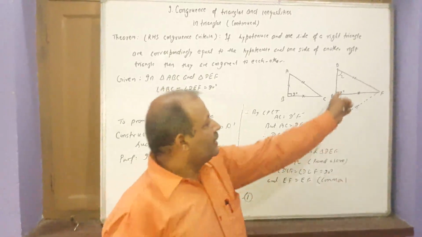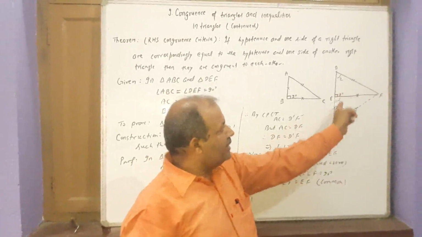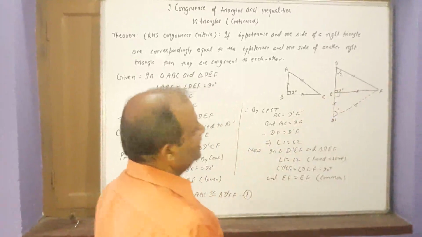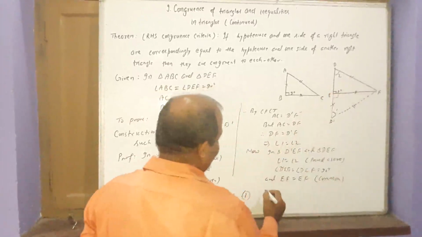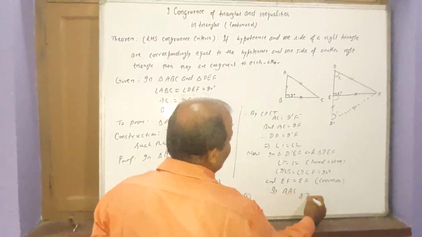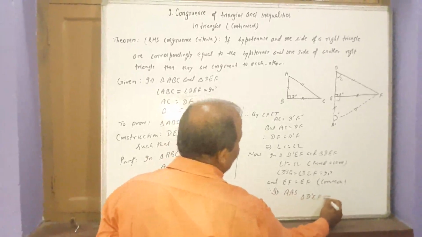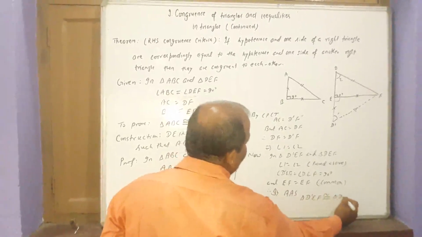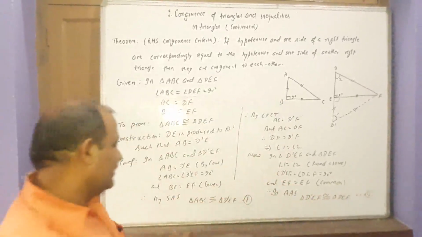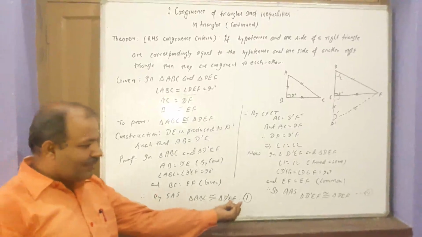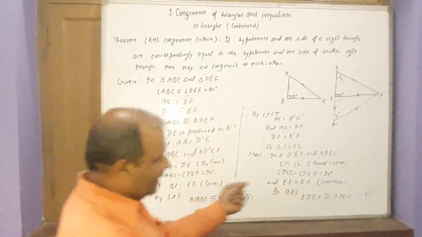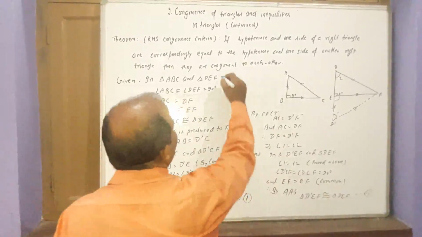आप देखें ये एंगल इसके इक्वल 90, एंगल 1 इज इक्वल टू 2 आप प्रूव कर चुके हैं, और EF इस ट्रायंगल में भी है और इस ट्रायंगल में भी है. तो एंगल साइड, therefore by AAS triangle D dash EF is congruent to triangle DEF. ये आपका सेकंड इक्वेशन हो गया. आपने क्या पढ़ा? ट्रायंगल ABC D dash EF के congruent और D dash EF DEF के congruent. तो 1 और 2 से ट्रायंगल ABC congruent to triangle DEF.